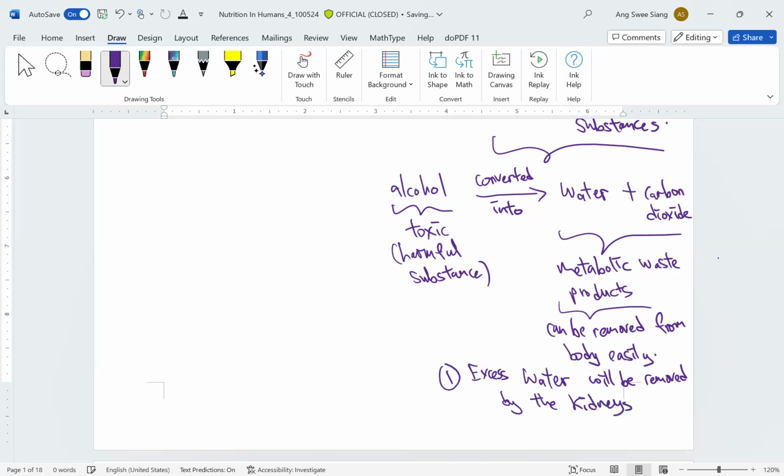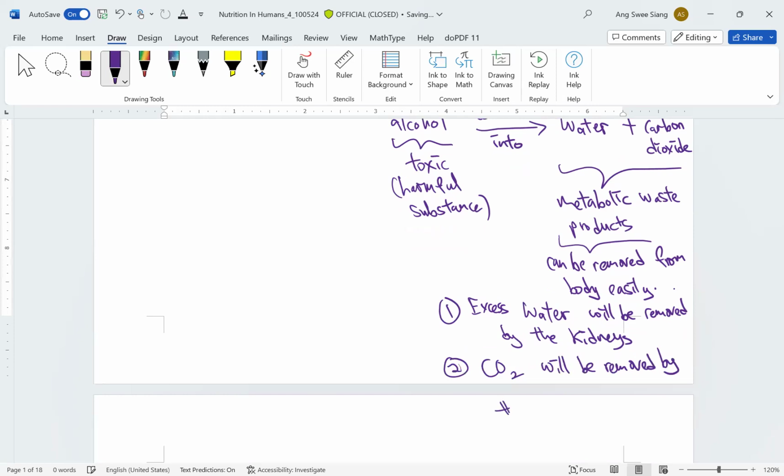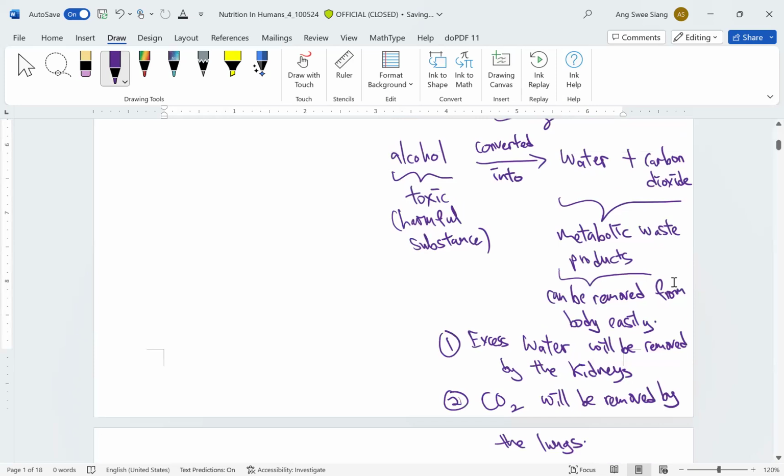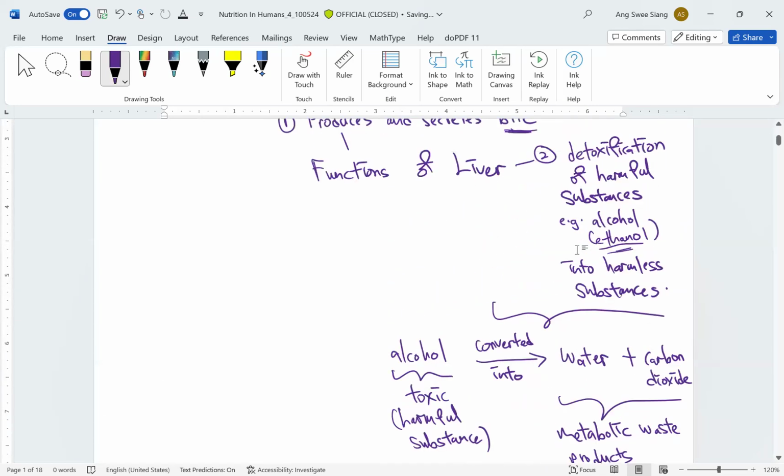Then the carbon dioxide will be removed by the lungs. So this is the second function of the liver, detoxification of harmful substances into harmless substances.